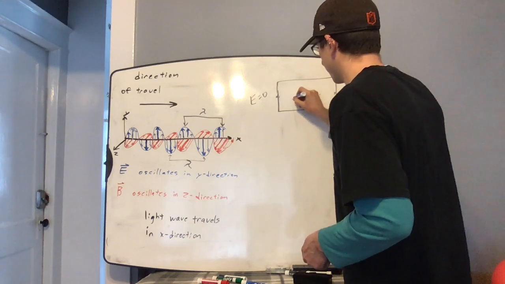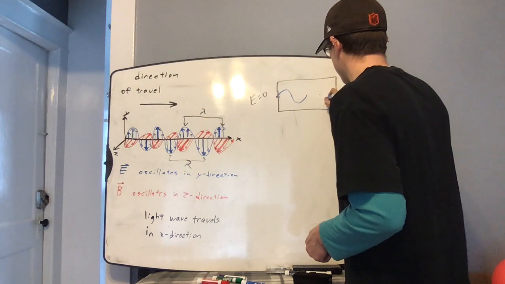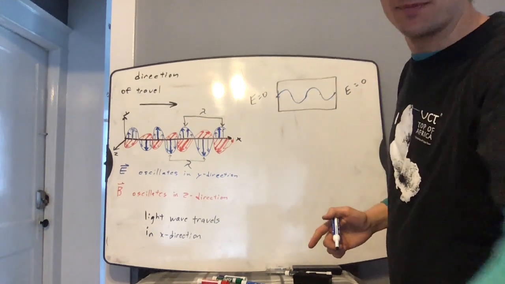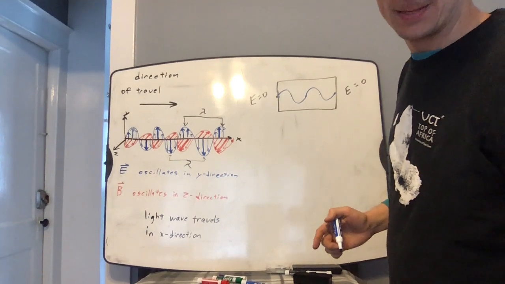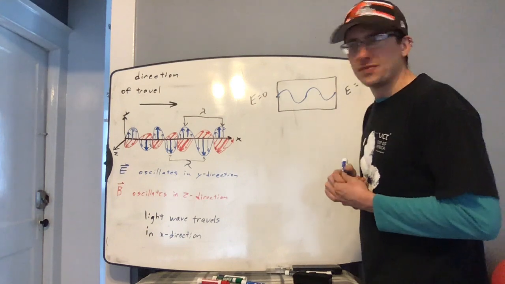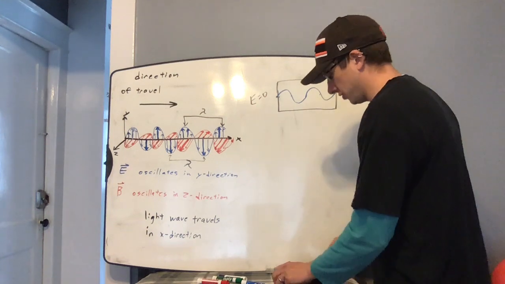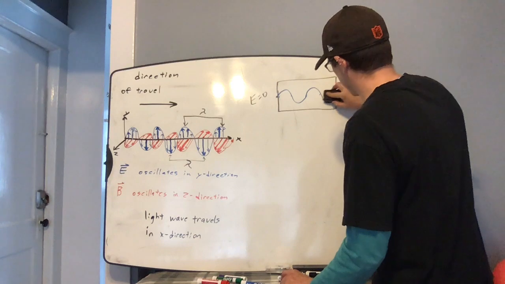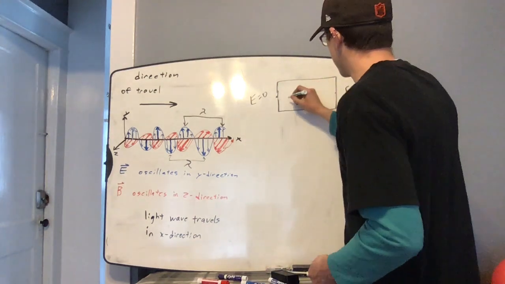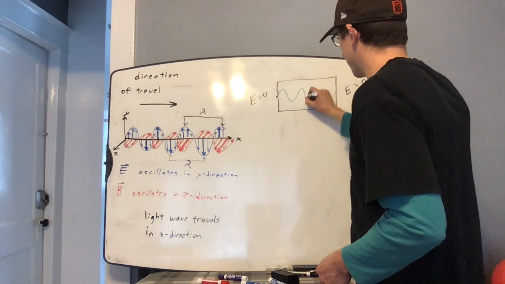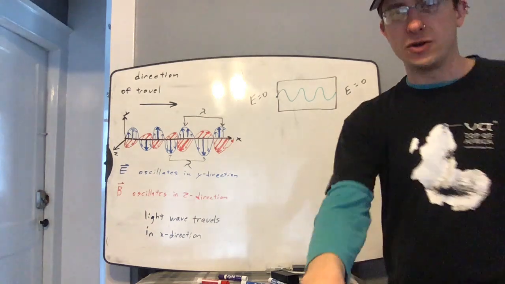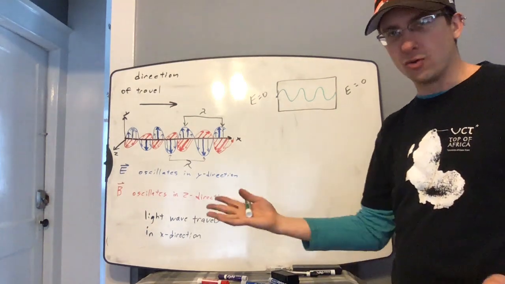Here I have two wavelengths inside my cavity. Or I could potentially have three wavelengths inside this cavity. I'm never violating the rule that I want the electric field to be zero on the boundary.